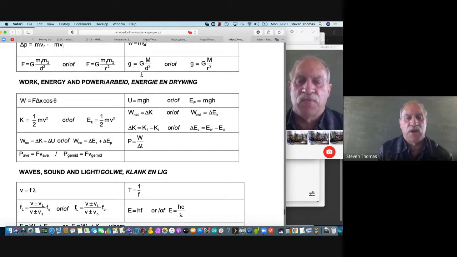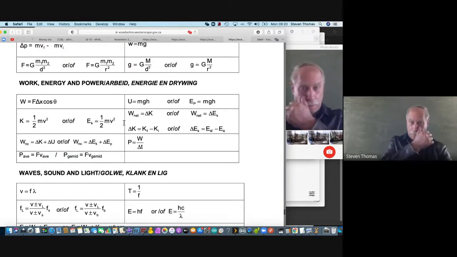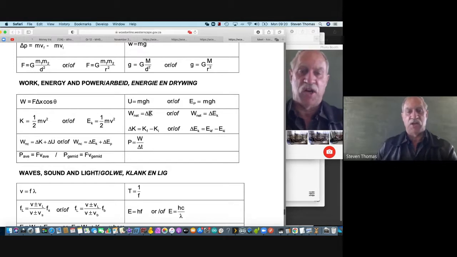So let's find it. Work net is change of kinetic energy. And all this work NC, which is your friction, non-conservative, work non-conservative is change of kinetic plus change of potential.